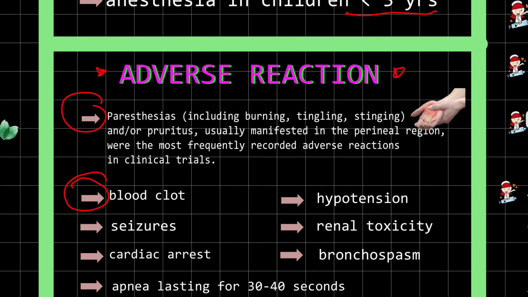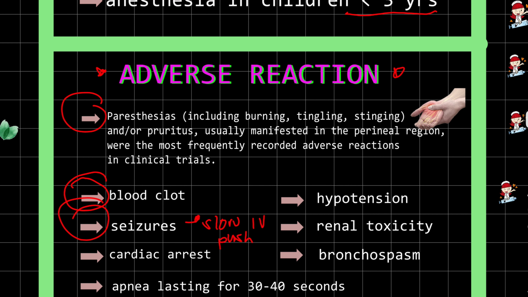All right. Seizures. Now, seizures is an adverse effect of this medication, propofol, and it's normally related to rapid administration. So you want to make sure that you do slow IV push. Which I believe we're gonna discuss later on. Next, cardiac arrest.